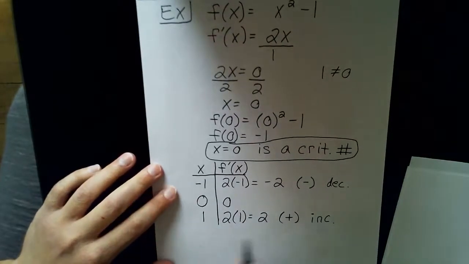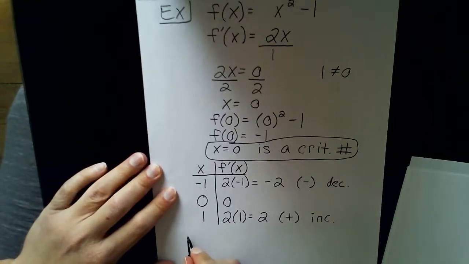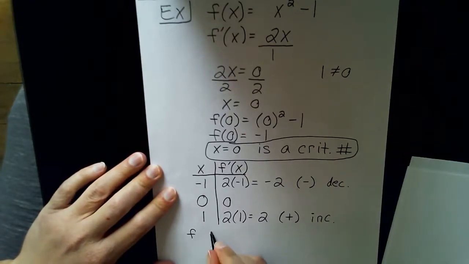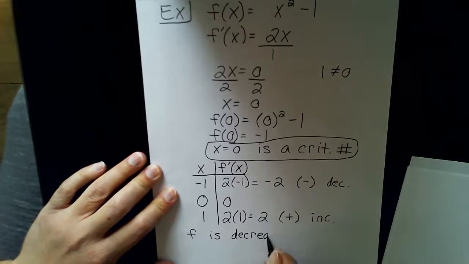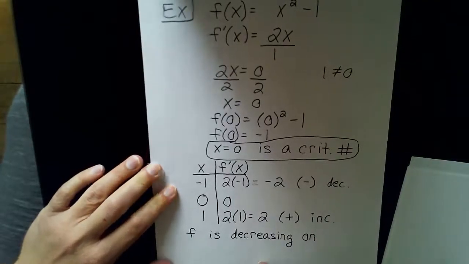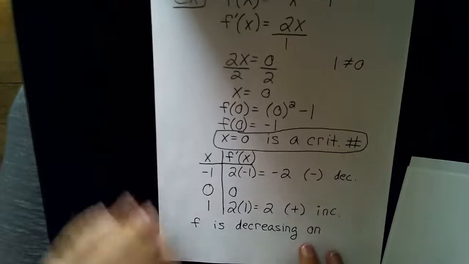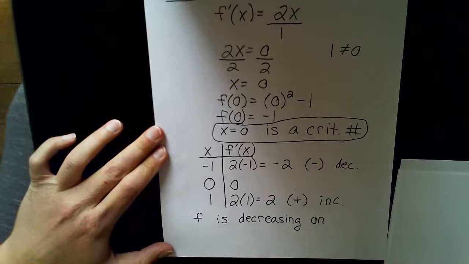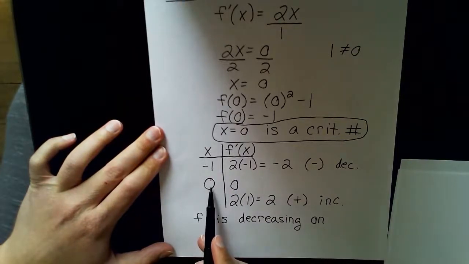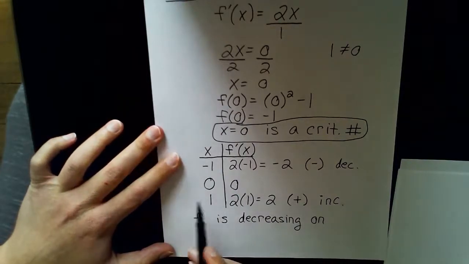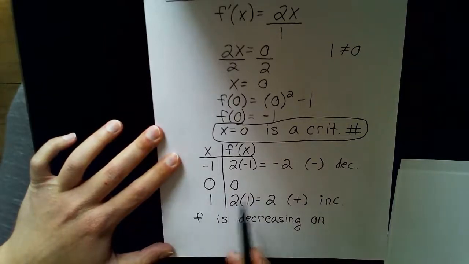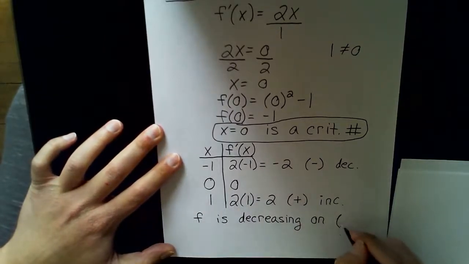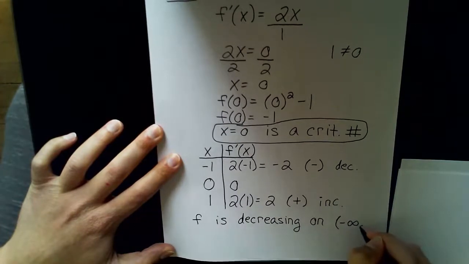So we'll start with decreasing. We'll say the function f is decreasing on the interval that contains all numbers to the left of 0, which means if we go all the way to the left, the lowest number we can think of, that would be negative infinity.